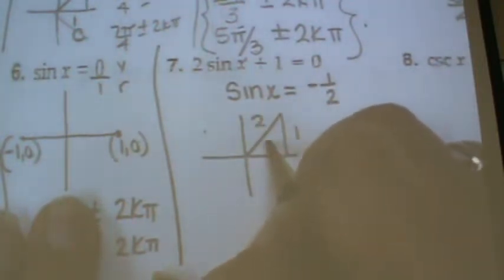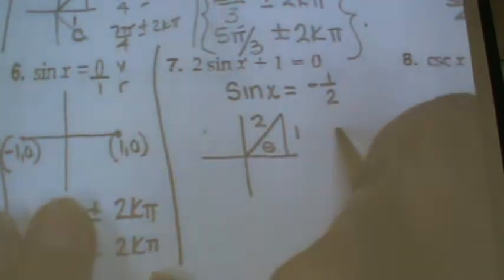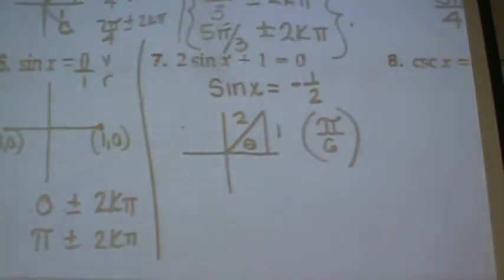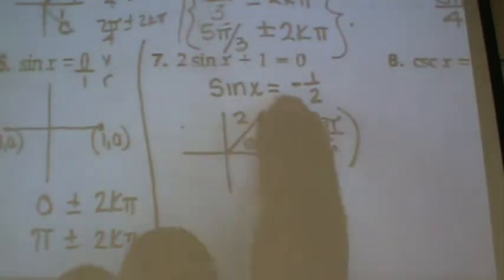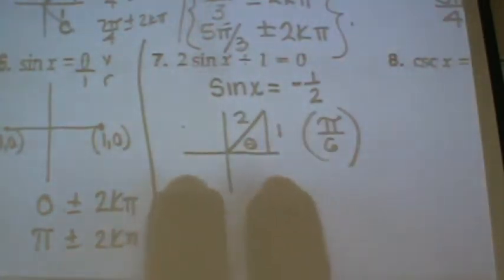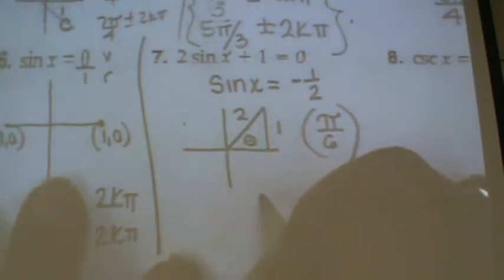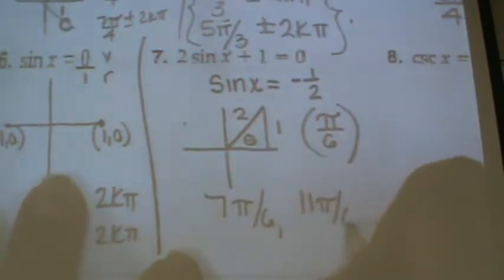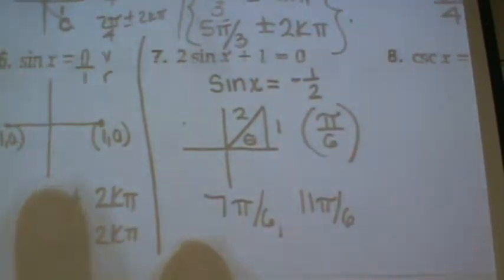What angle am I? 30, pi over 6, but that's not the answer. Why? Because it's negative. In what two quadrants is sine negative? 3 and 4. What are the answers? Excellent. Are you guys getting this?